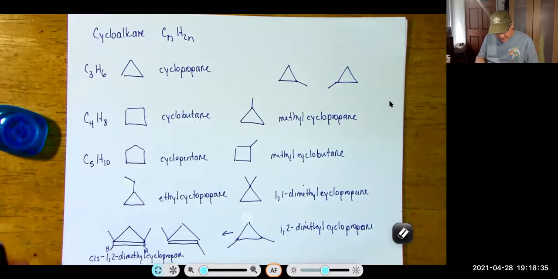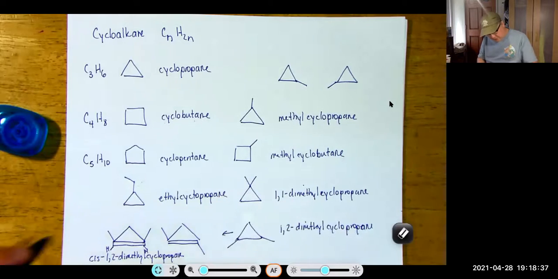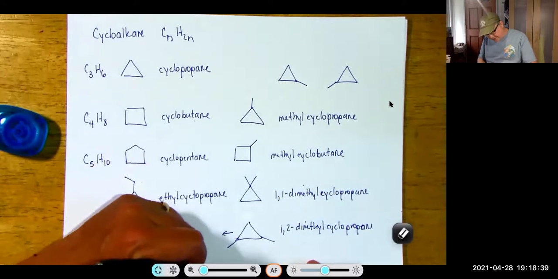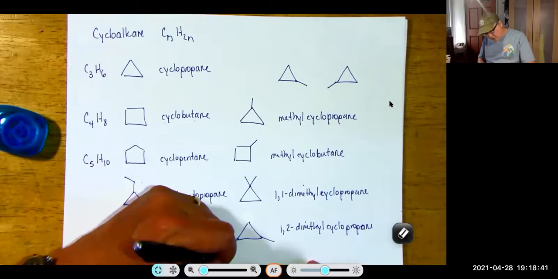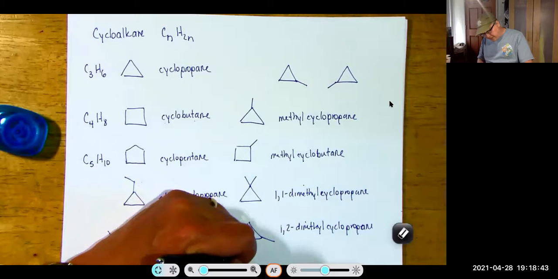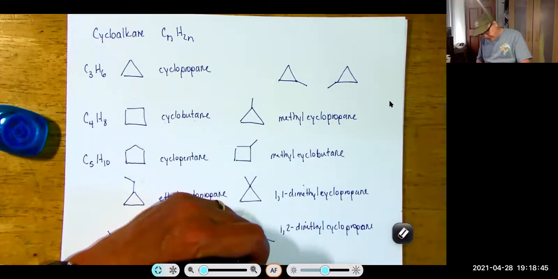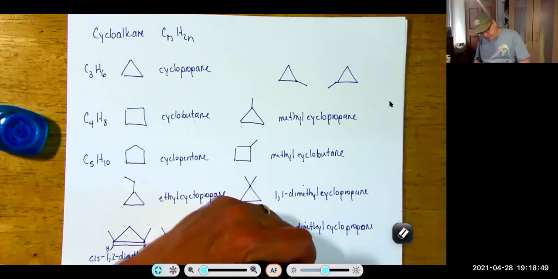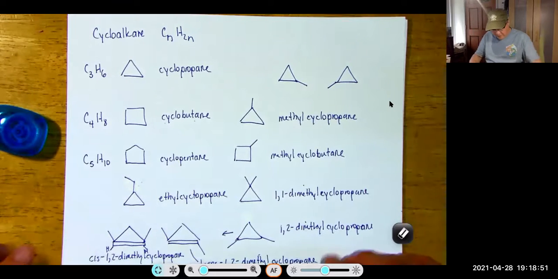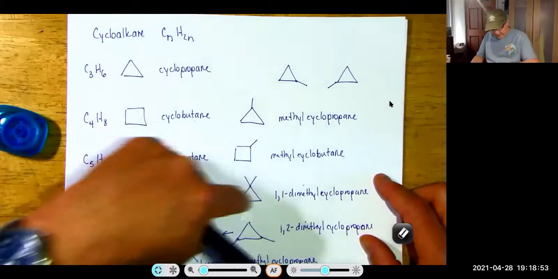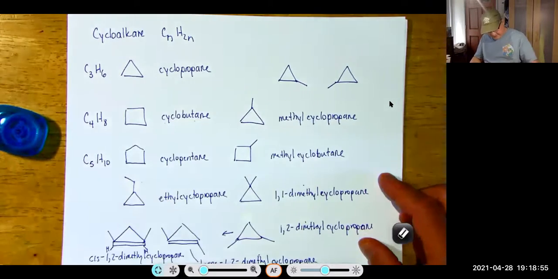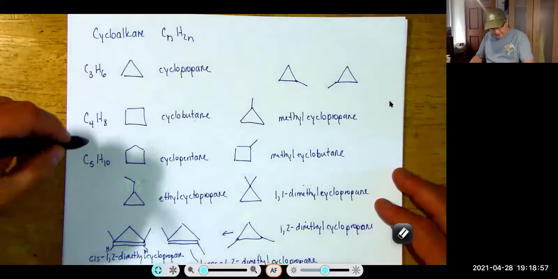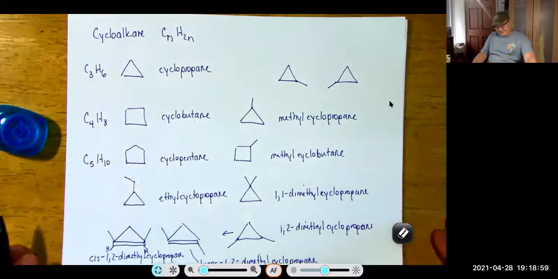So here, since the hydrogens are opposite, this one would be trans-1,2-dimethylcyclopropane. And so we have 1, 2, 3, 4, 5, 6 of the C5H10s.